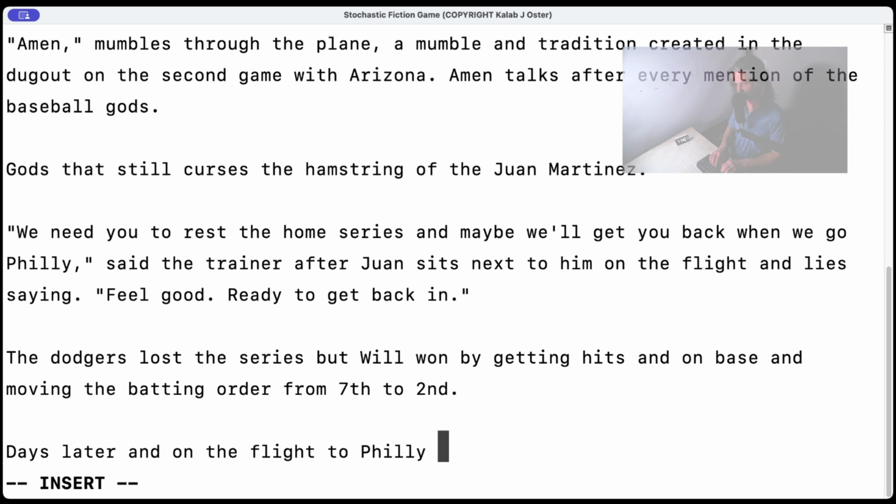Days later, on the flight to Philly, Will walks the aisle. Proudly, Will sits next to Juan.